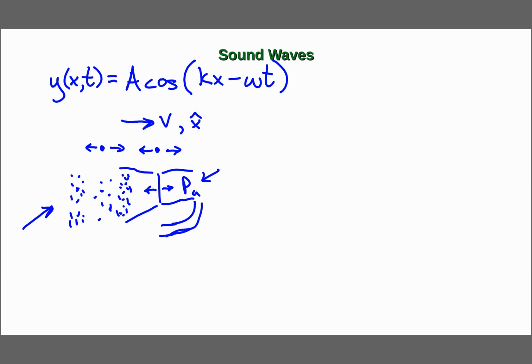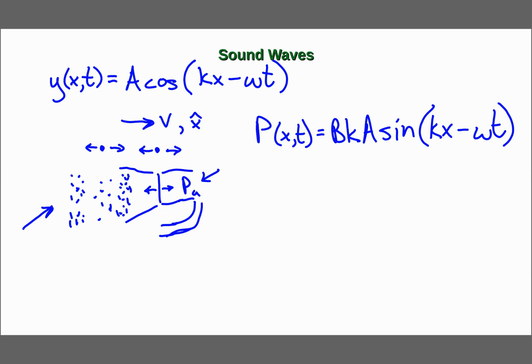And so we write for the pressure function, P of x and t is equal to BkA sine(kx minus omega t). Okay? Now, this BkA, this ends up being the amplitude, right?